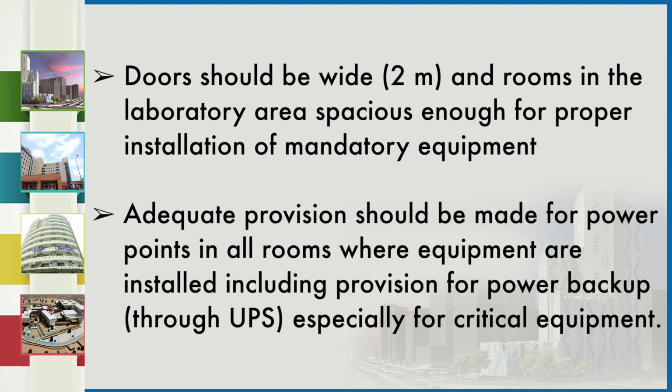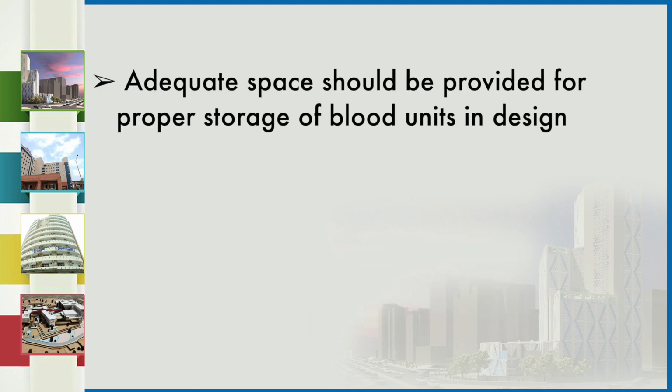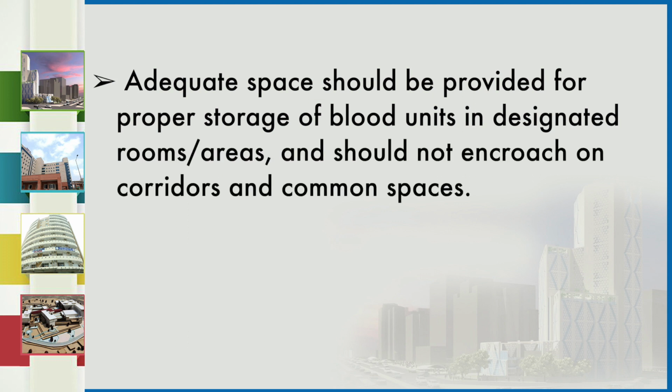Adequate provision should be made for power points in all the rooms where equipment is installed, including provision for power backup through UPS, especially for critical equipment. Adequate space should be provided for proper storage of blood units in the designated rooms and should not encroach on corridors and common spaces.